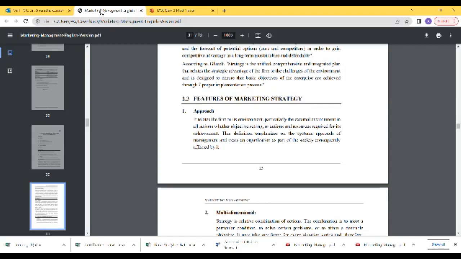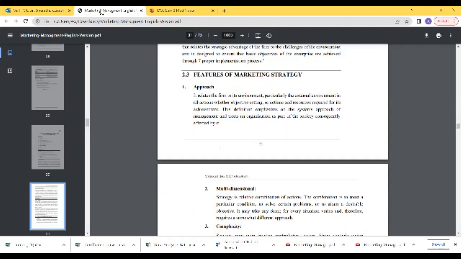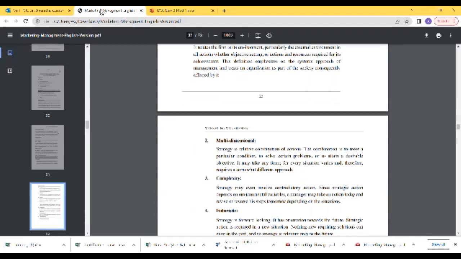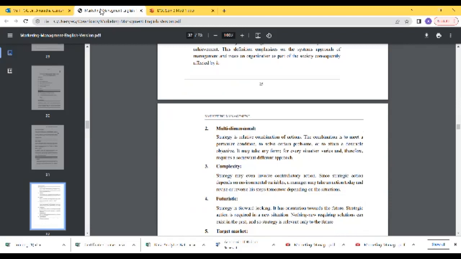So production, sales, promotion, finance, storekeeping, all the functions are integrated when a strategy is made on how to effectively bring the product to the customer. So the strategy as such is a multidimensional concept. It involves a combination of several activities.